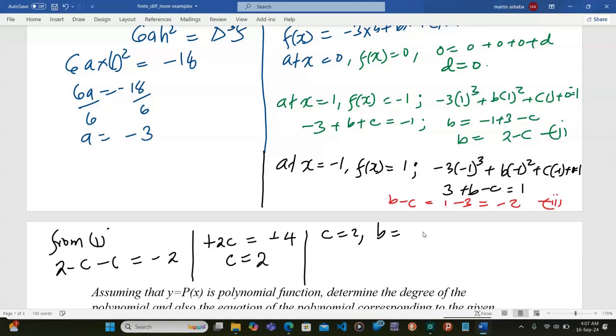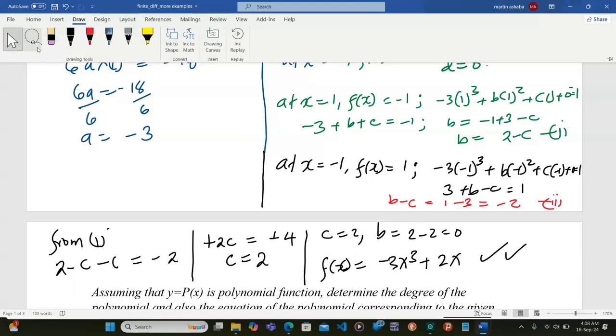So our b is equal to 2 minus 2, and that is equal to 0 according to equation 1. Therefore, our f of x will be negative 3x cubed, plus b, which is 0, so we shall not take it. So plus 2x, then plus 0, and that is going to be our polynomial.